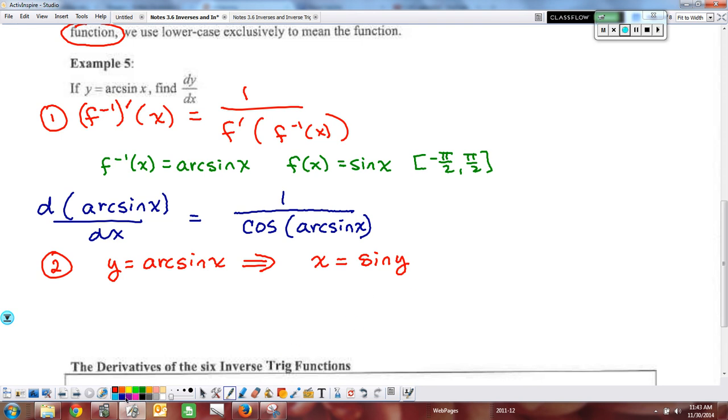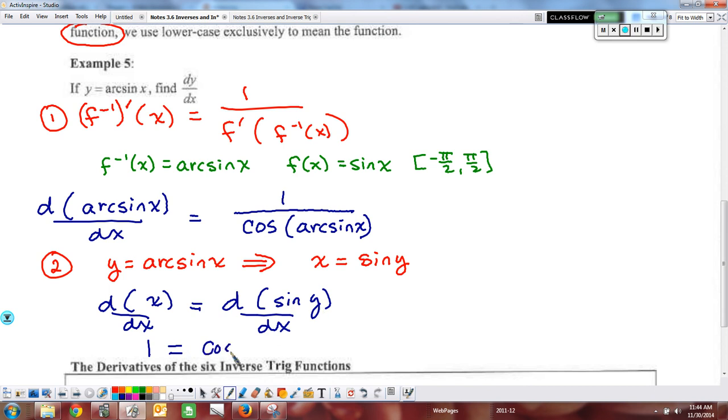We are then going to take the derivative of both sides with respect to x implicitly, and we're going to remember that it's implicit differentiation, and then we're going to solve for dy/dx. So this ends up giving me 1 equals the derivative of sine, which is cosine of y, times dy/dx.